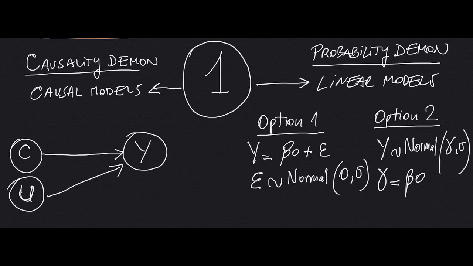Now, causal models are a relatively new invention, and so we try to create causal models that match the linear models, because we know the linear models better than the causal models. Well, that's not correct. The causal model should come first, because the causal model is a model about reality, and that's what we are interested in science. We are not interested in values. We are interested in reality.